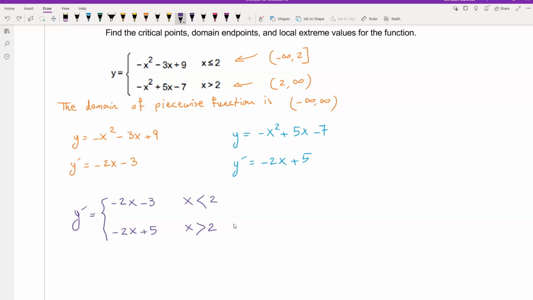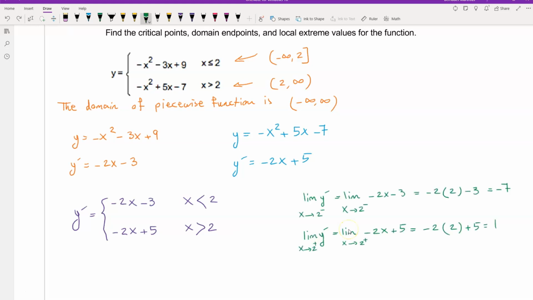If those two were equal, in that case we would say y prime is defined at x equal to 2. Finding the limit of y prime as x approaches 2 from the left, we use negative 2x minus 3 for when x is less than 2, and the answer is negative 7.